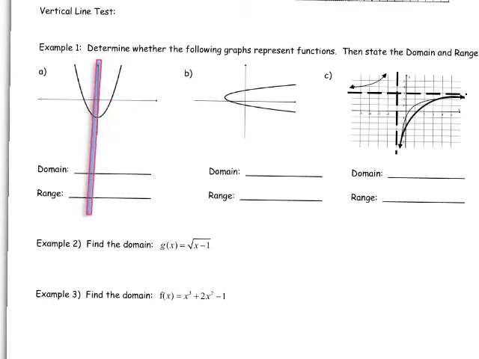All right, so if I put in a vertical line, let's say I put it in right here, then that touches it only one time. So that's okay. Anywhere you put that vertical line, it's going to touch it only one time. And so yes, this is a function. I'm just going to set this vertical line to the side. So yes, a function.